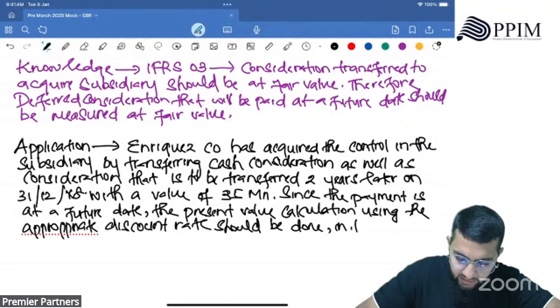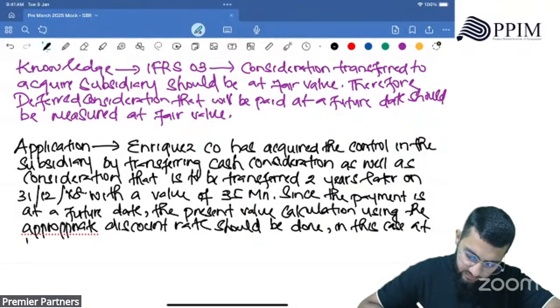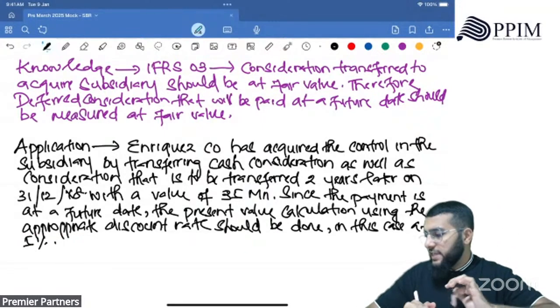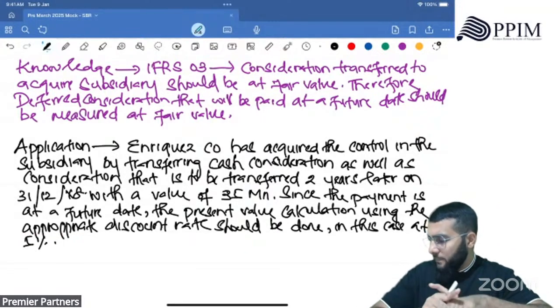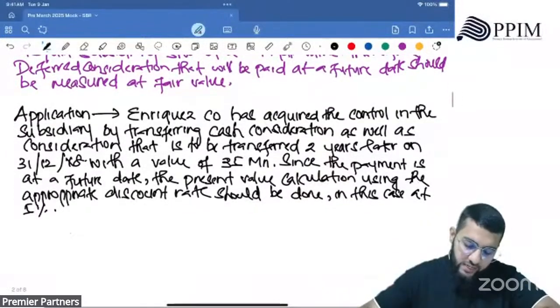In this case, at 5%. So that's the application. Now you quickly do that calculation and show.